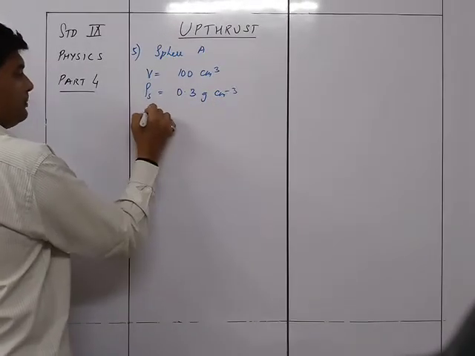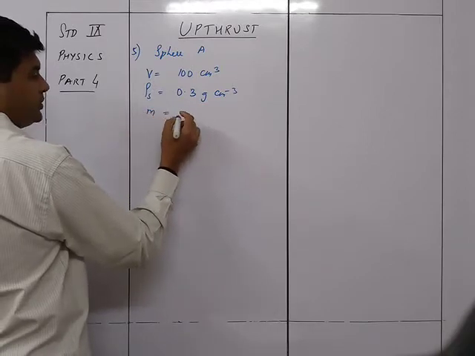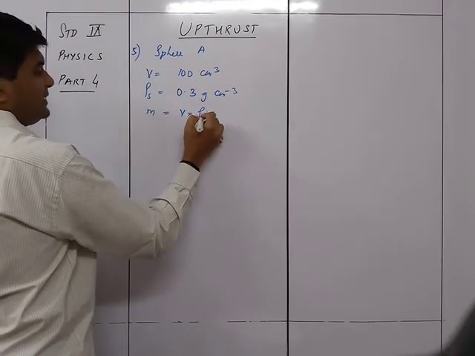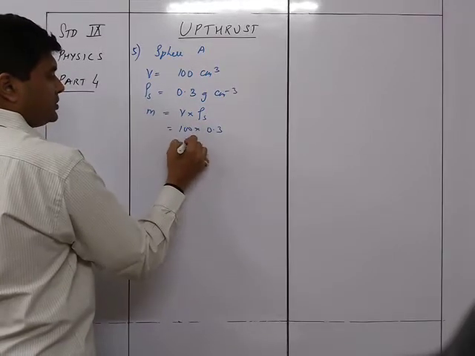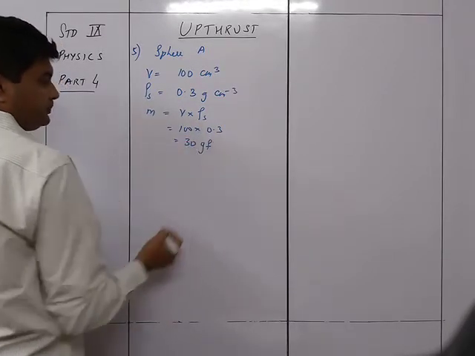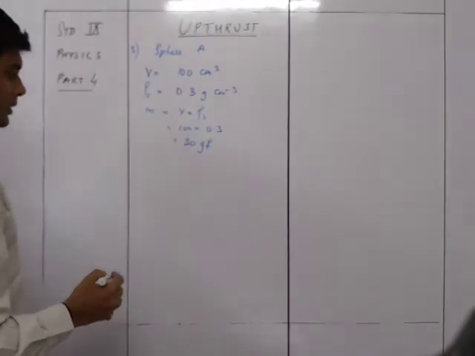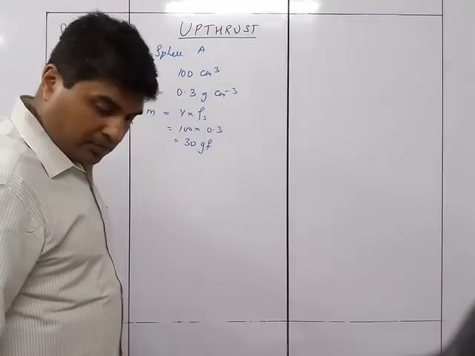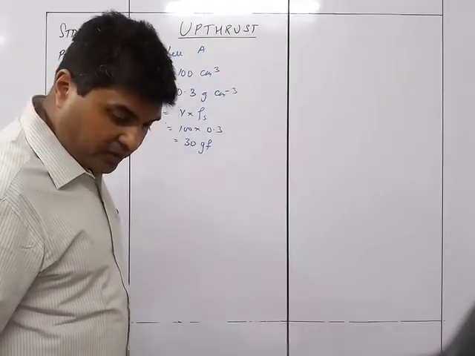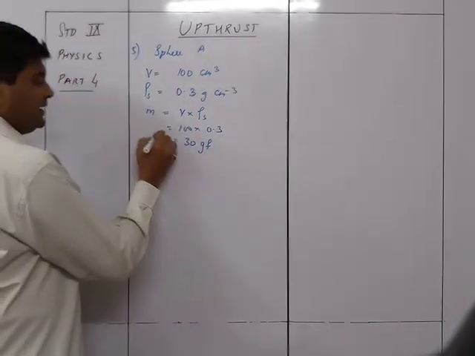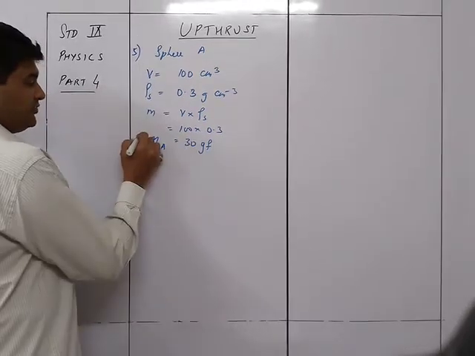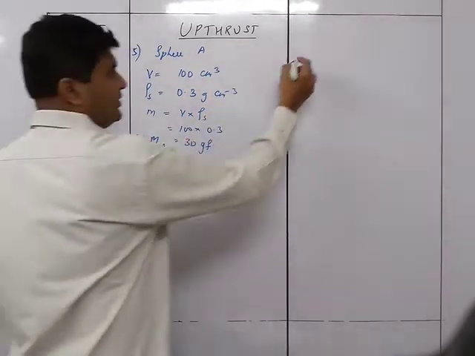Therefore, we know that mass is equal to volume into density, so it's 100 into 0.3 equals 30 gf. That is the weight of sphere A, 30 gf. That's the first answer.